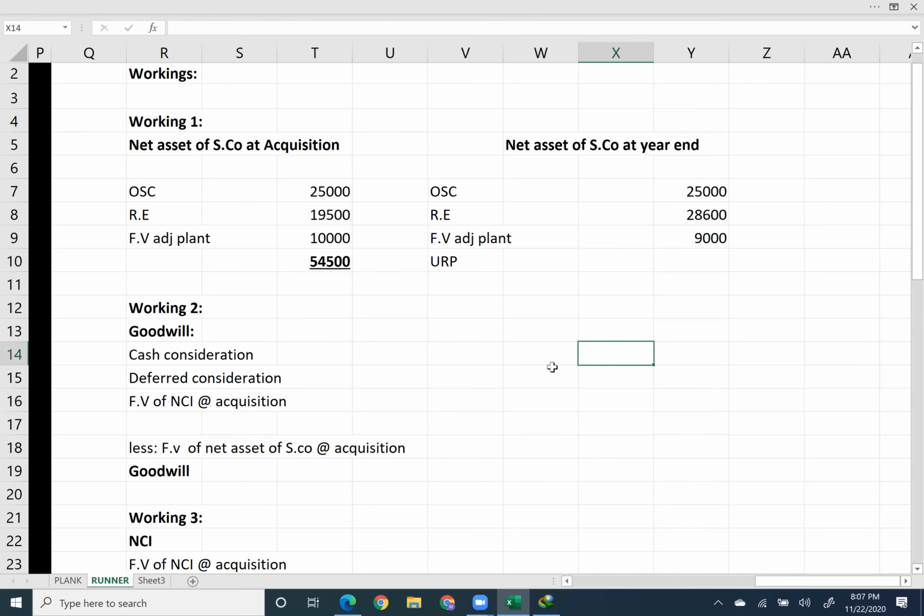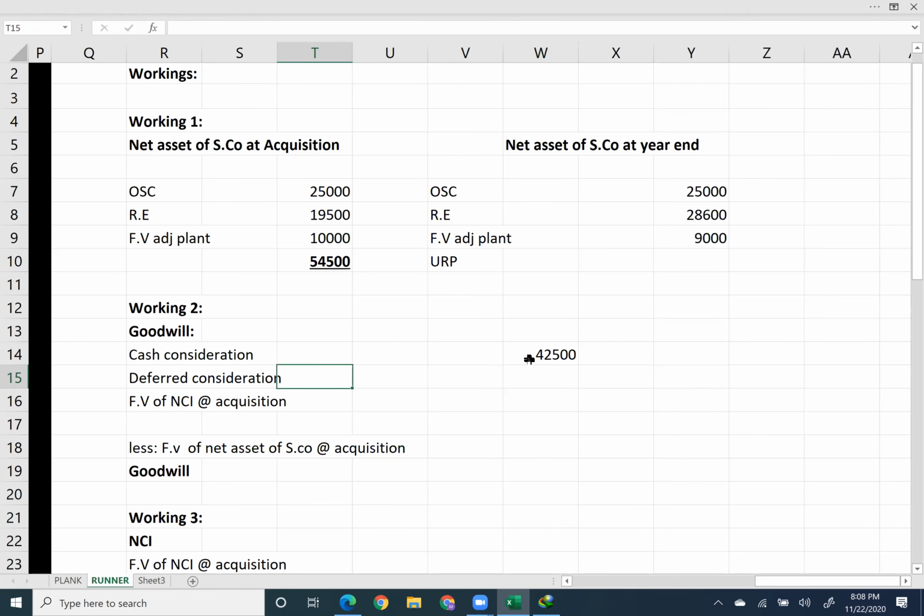For the goodwill calculation, we have to write the COI. In the COI, first of all, we'll write cash consideration. Our cash consideration was 42,500. Now, we need to do deferred consideration.